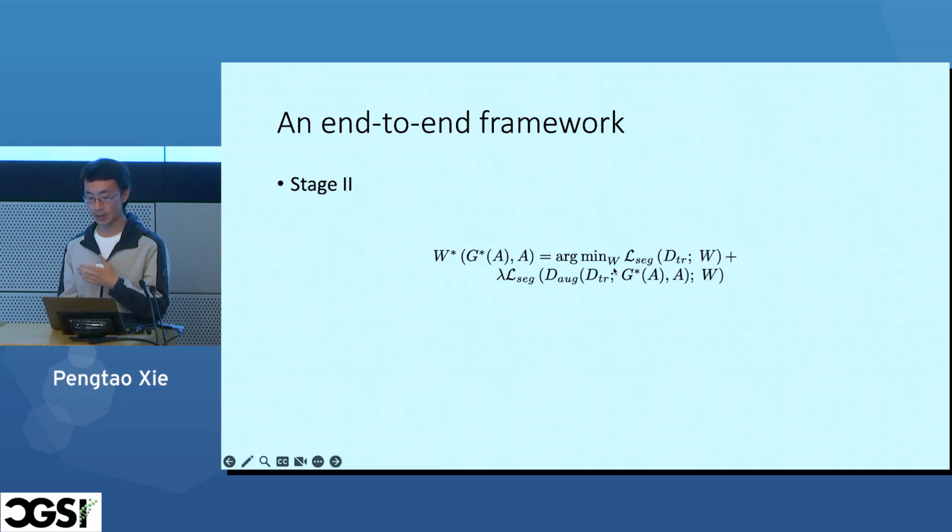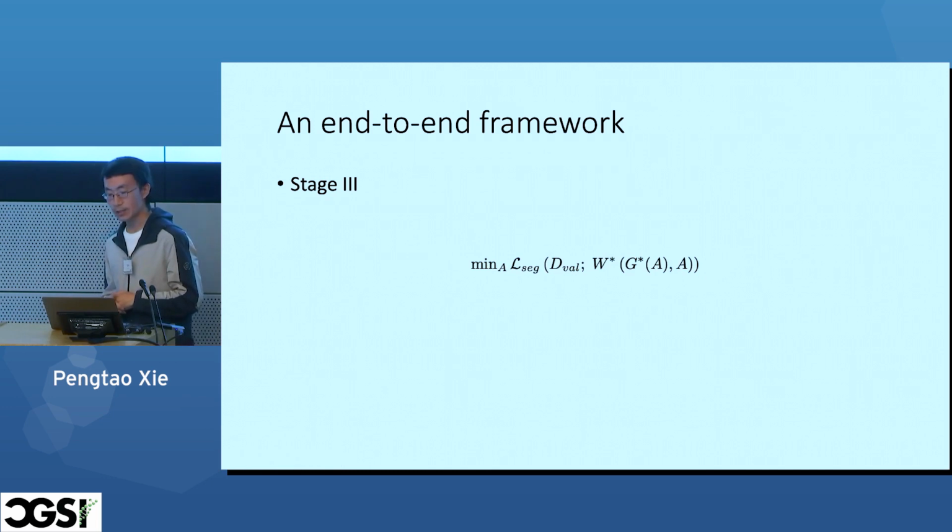Then we minimize this loss to train the segmentation model W. Then the optimal solution W star would be a function of G star A and A, right? Because again, because A is not optimized yet, so each time A is changed, we are going to have a different loss function here, and the optimal solution would be different.